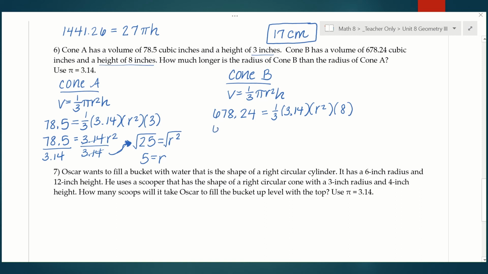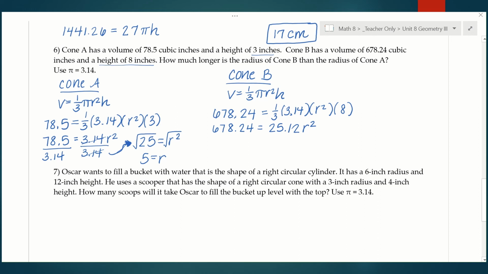All right, so now on the right side, I'm going to do just as I did before, 1/3 times 3.14 times 8. I'm getting 25.12, and then I still have the r squared there.